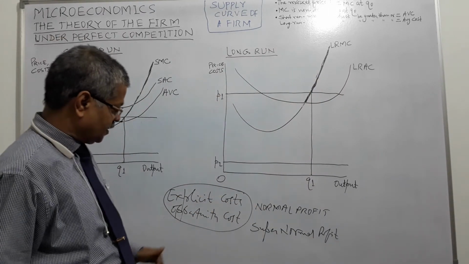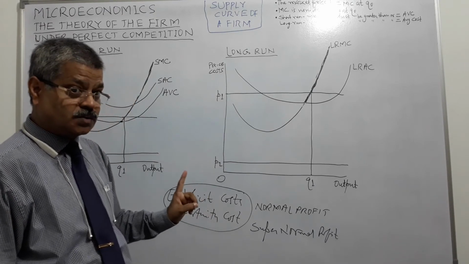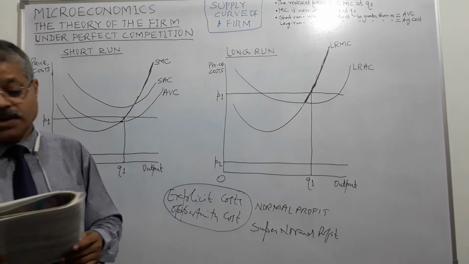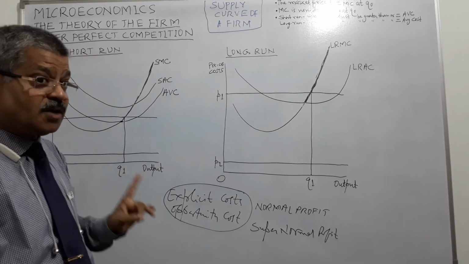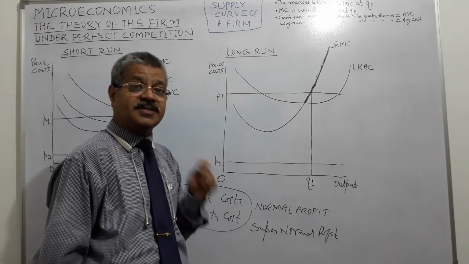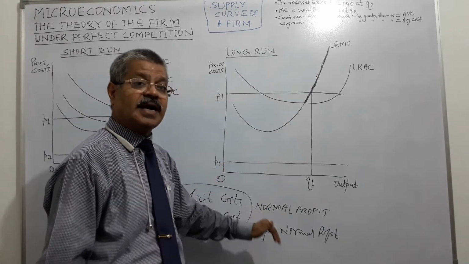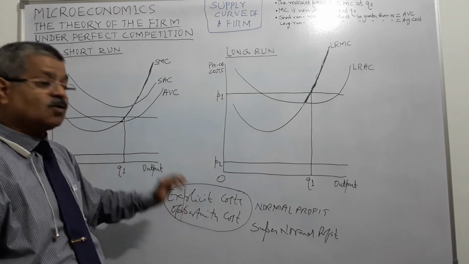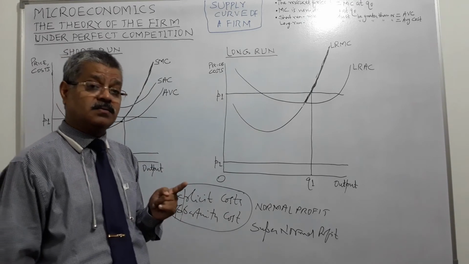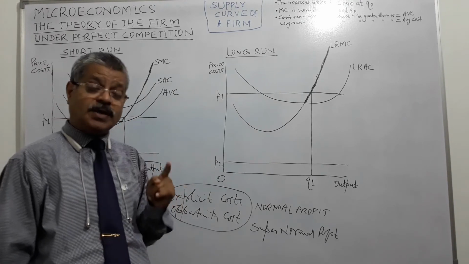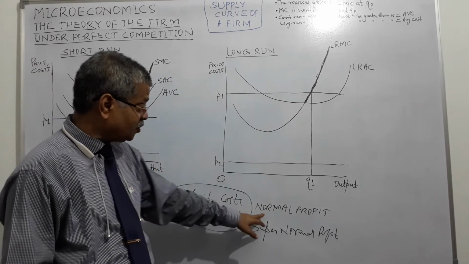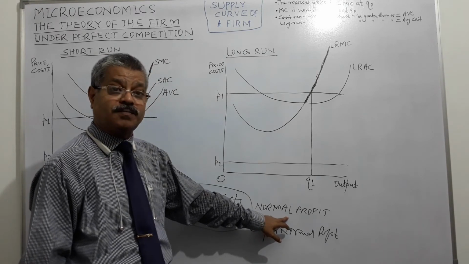In the long run, a firm will not produce below normal profit. It will try that it must recover at least normal profit, explicit cost and opportunity cost. In the short run, however, it could happen that a firm produces for some time even below this level of normal profit.